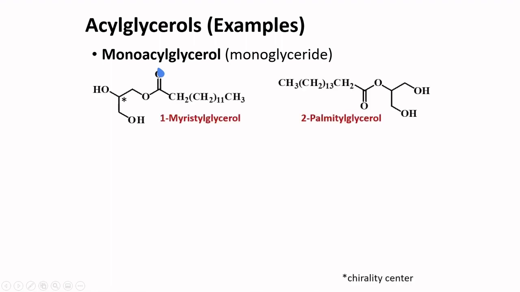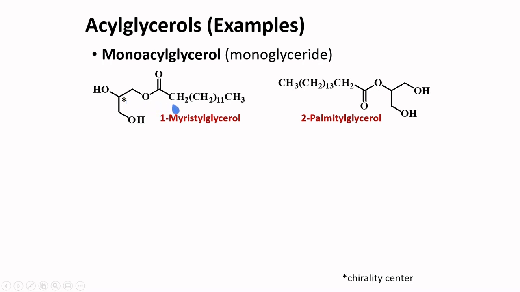Acylglycerols can be monoacylglycerol, with just one fatty acid attached to the glycerol unit. Take note that glycerol itself is not chiral, but when a fatty acid is positioned at one of its terminal oxygen atoms, it becomes a chiral molecule. The central carbon is a chirality center.